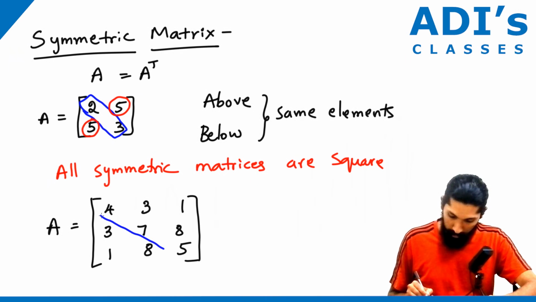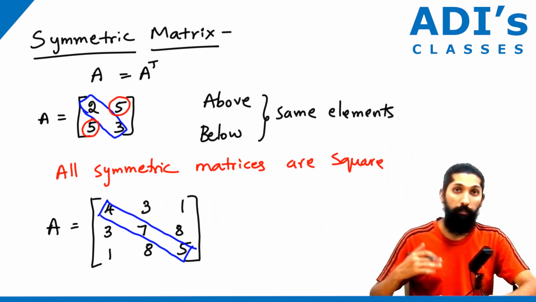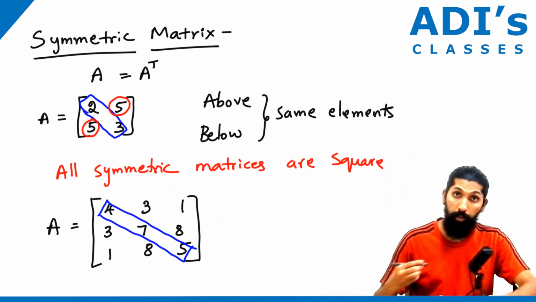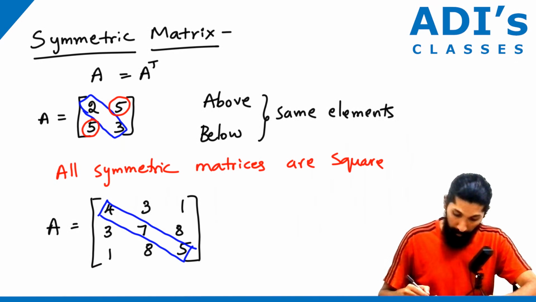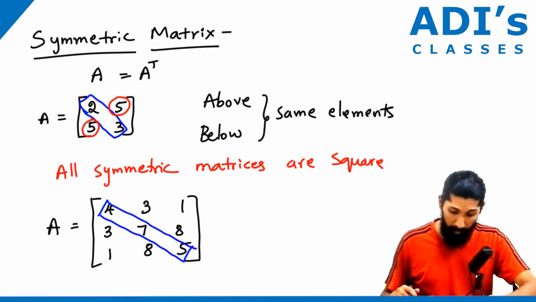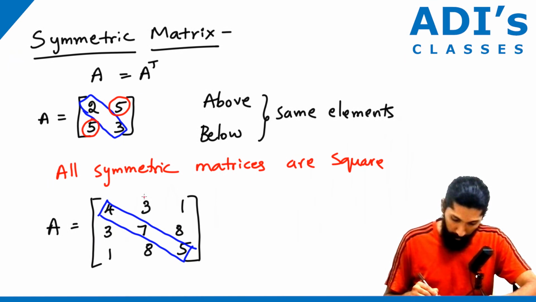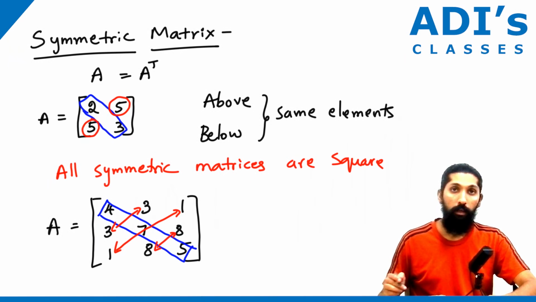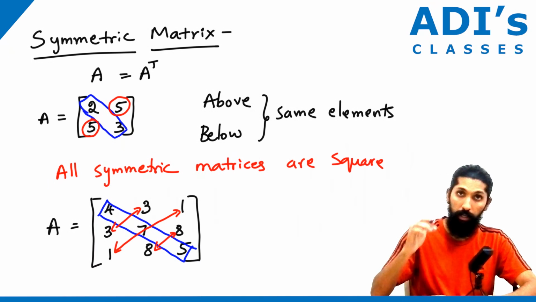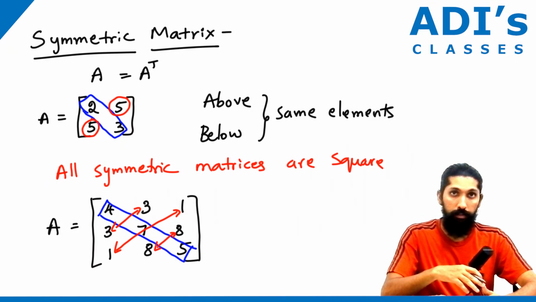You know that this is the principal diagonal, correct? Above the principal diagonal, see this 3, 1, 8, and below the principal diagonal, these two elements are same, these two elements are same, these two elements are same. This is what we mean by the symmetric matrix.